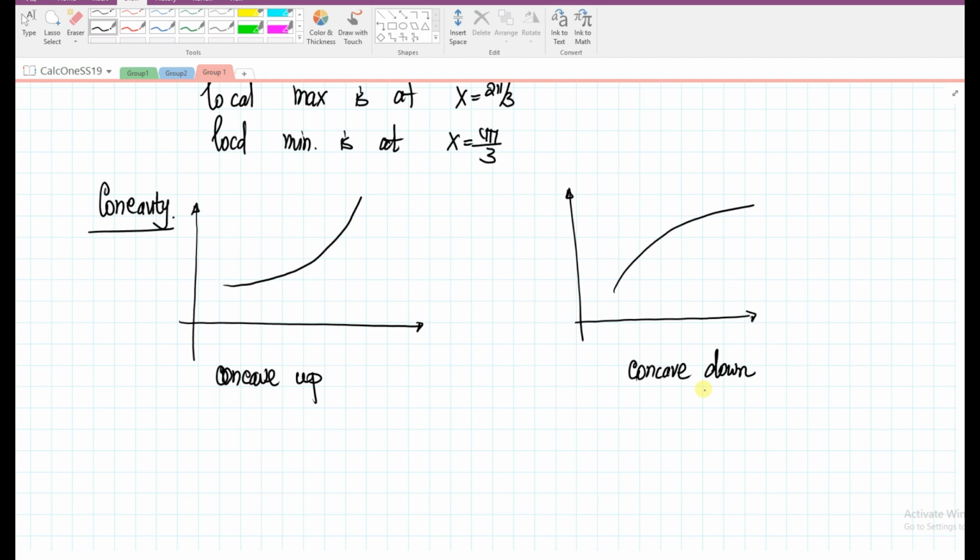So the definition of the concave upward is that all the tangent lines are lying below the graph of the line. And for the concave downward, all the tangent lines are lying above the graph of the line. Okay? So this is how we need to define this. Let's define this definition.